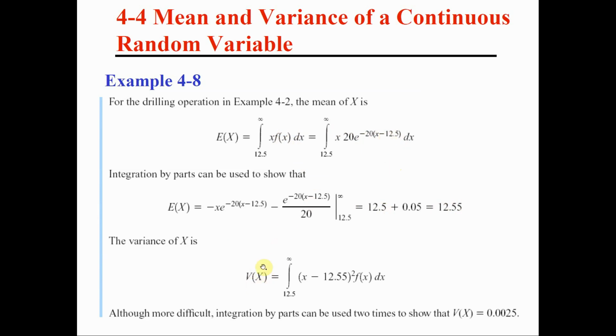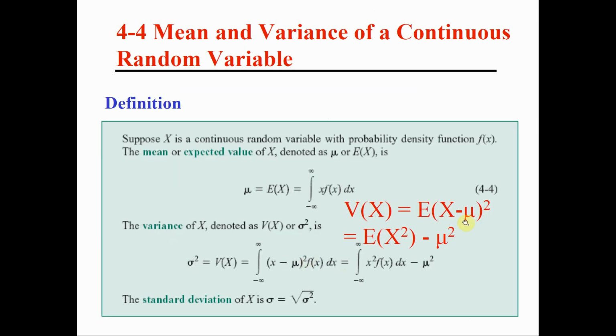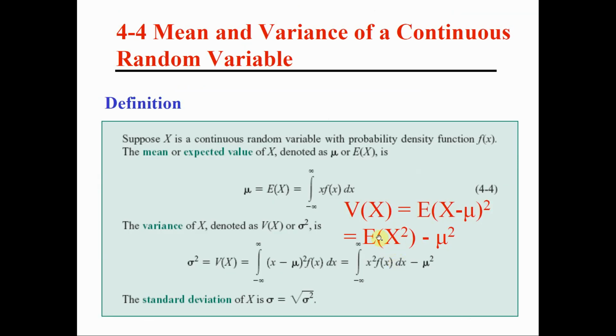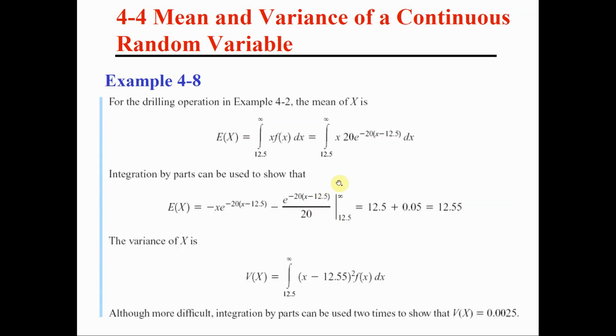Now, if we need to get the variance of x for the same random variable x, here we can either use this original definition, or even better, the equivalent definition as we are used to. So the expected value of x squared minus mu squared. What is the expected value of x squared? It is that function f of x multiplied by x squared and then integrated from 12.5 to infinity.